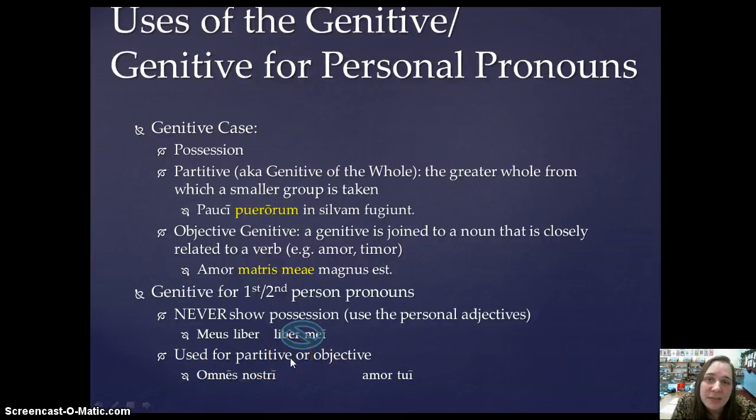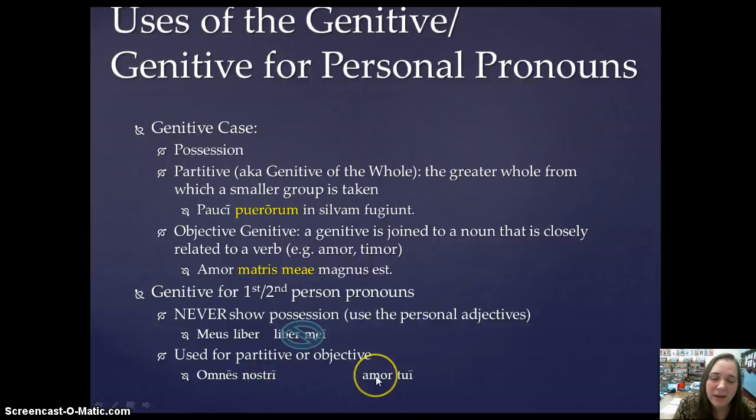So if ever you see a genitive for the first or second person pronouns, that's ego, tu, nos, and vos, okay? If you see the genitive for one of those four pronouns, it's going to be partitive or objective for right now. So for example, omnes nostrum, all of us, partitive genitive.